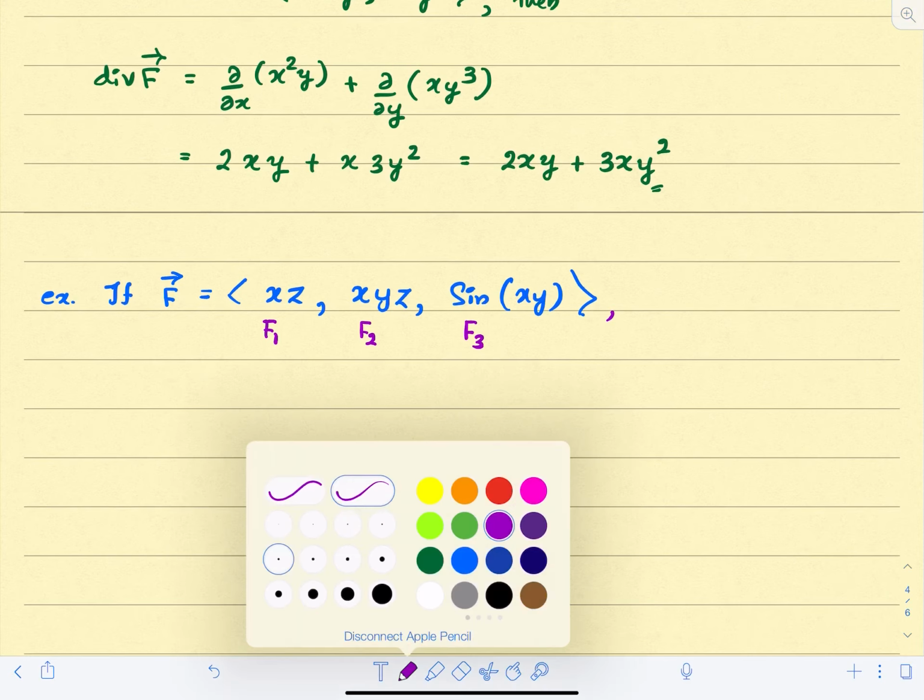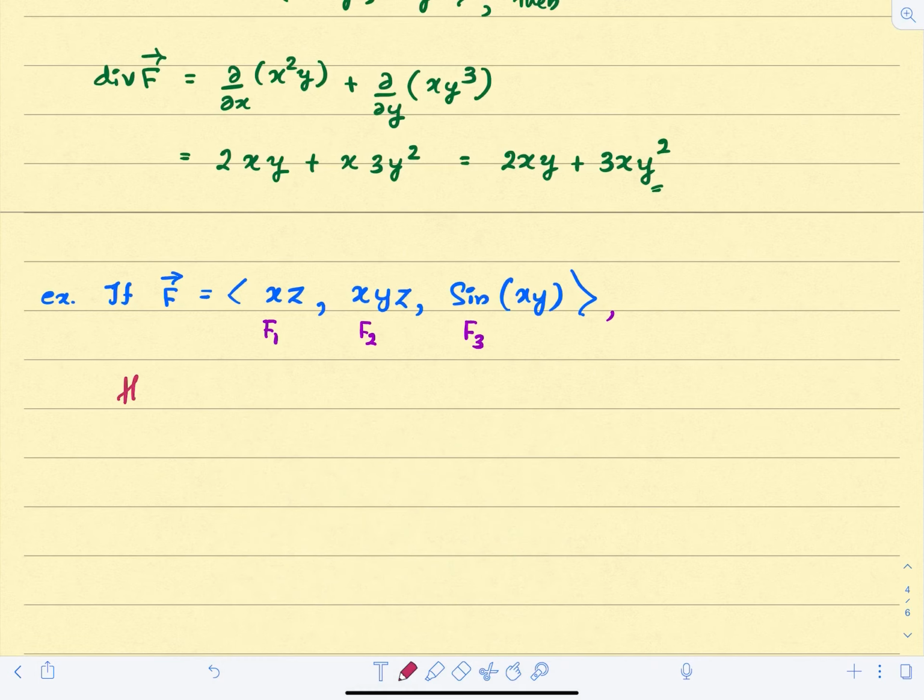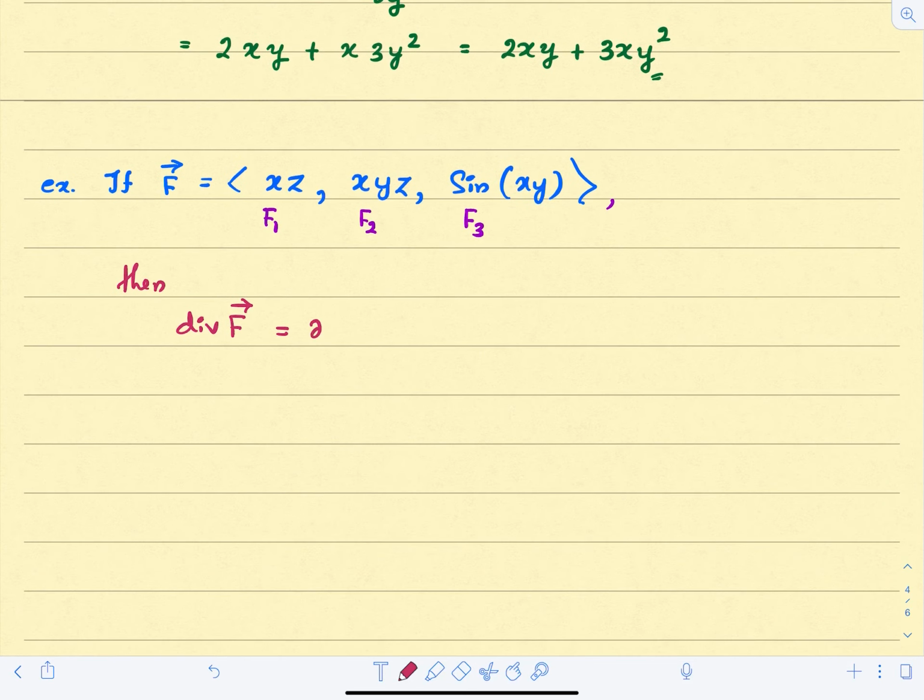Then divergence of f equals partial over partial x of the first component, which is xz, plus partial over partial y of the second component xyz, plus partial over partial z of the third component, which equals sine of xy.